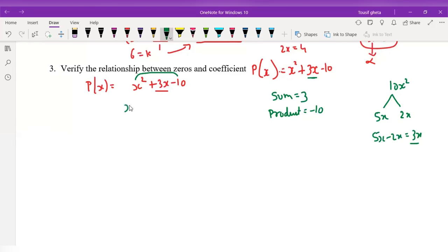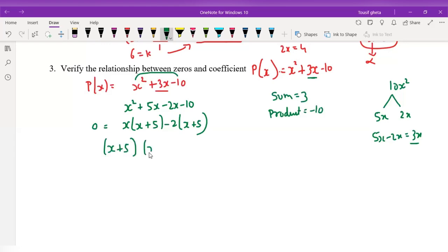So x square I write as it is, in the place of the middle term I substitute 5x minus 2x, last term minus 10 as it is. Take out the common, x is common, remaining is x plus 5, minus 2 is common, x plus 5. So finally x plus 5 times x minus 2 is equal to 0.